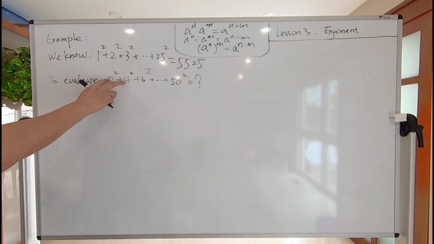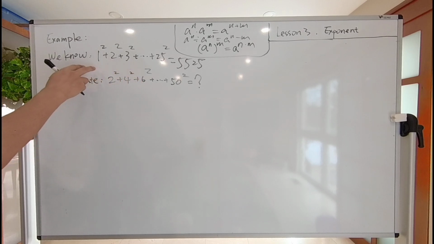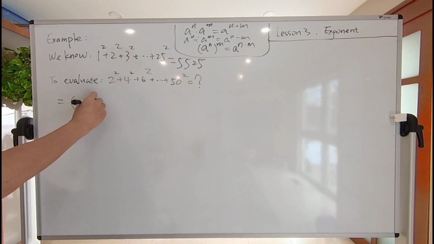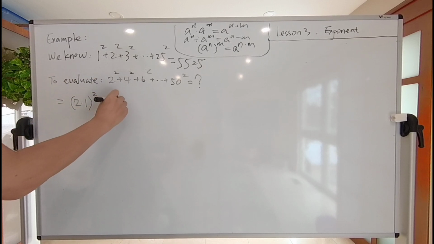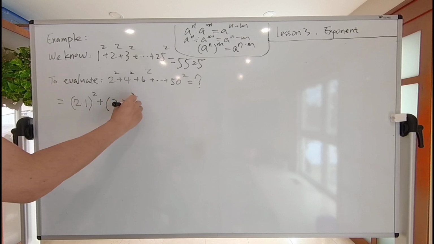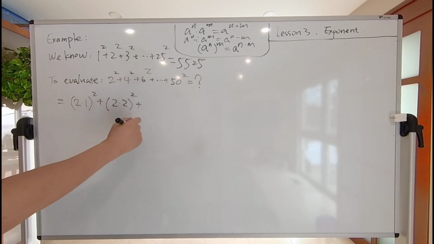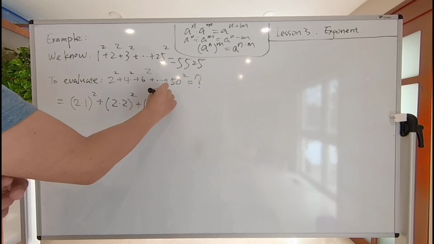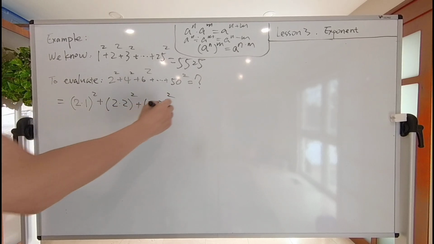At least as the first step, we can say that every number in our second expression is 2 times something. It's all even numbers. An even number can be written as 2 times another integer.